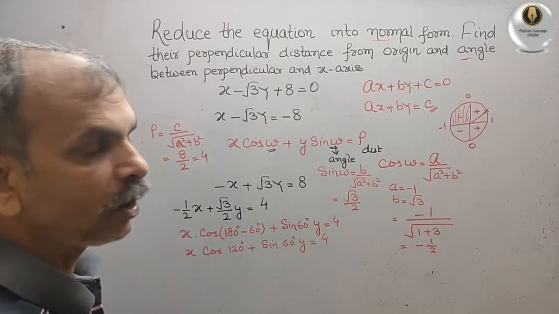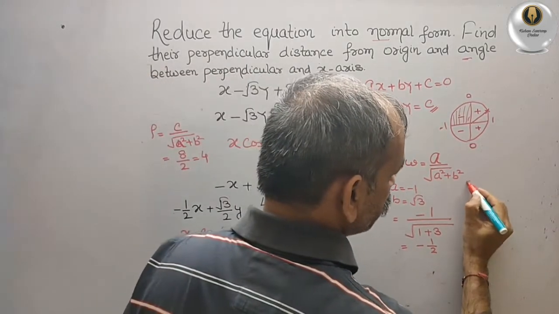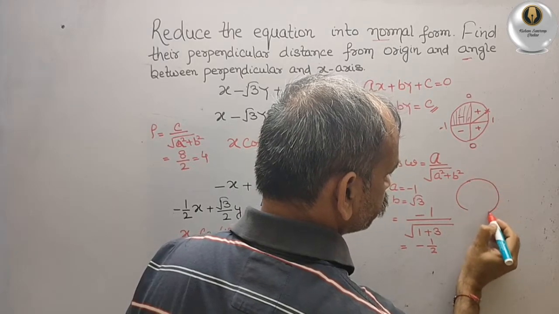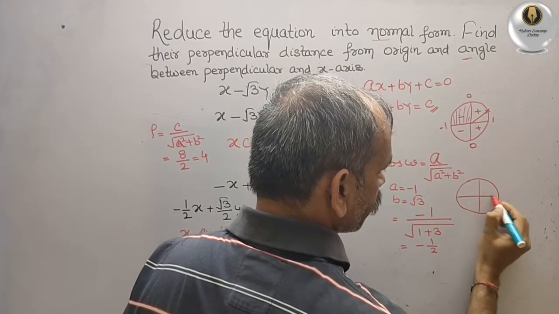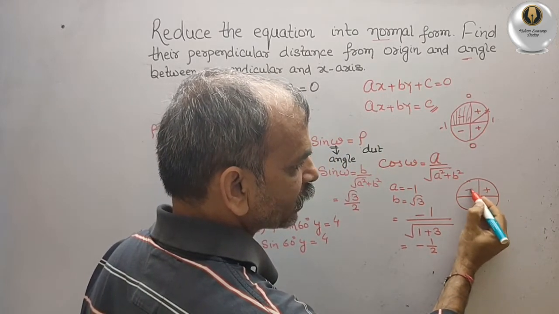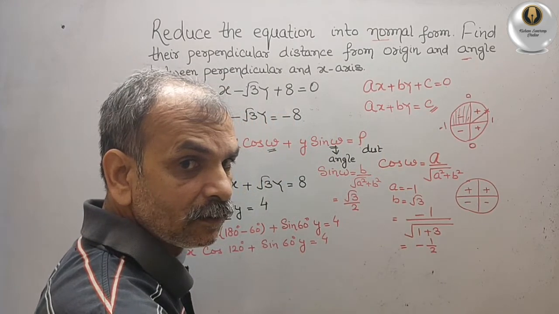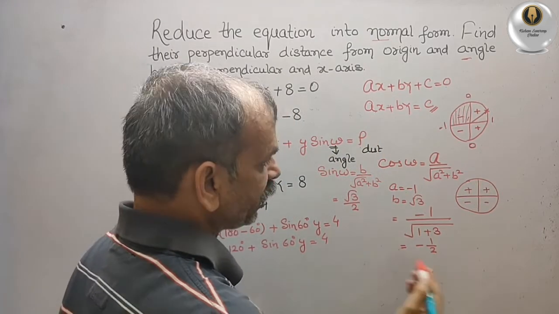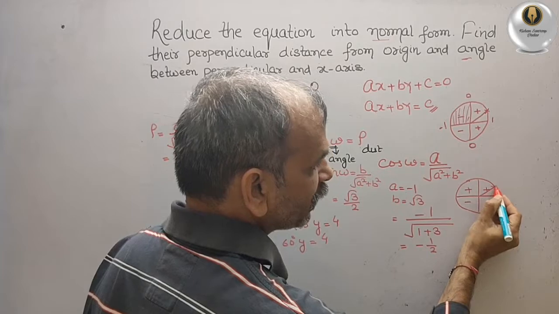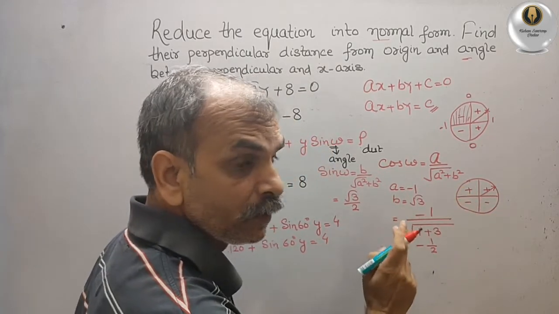Now if you draw the sine clock, sine is positive here, negative here, and negative here. We got 60 degrees here, so what is the other point where we get positive?